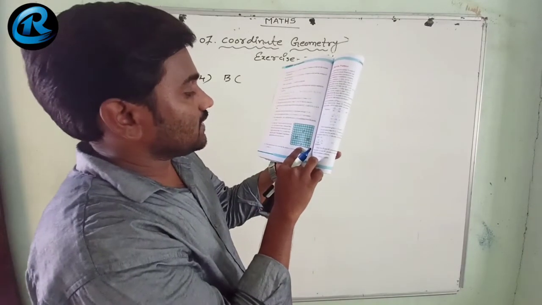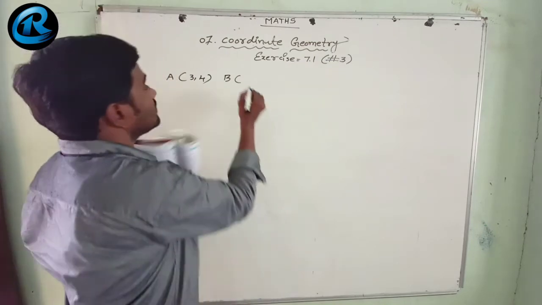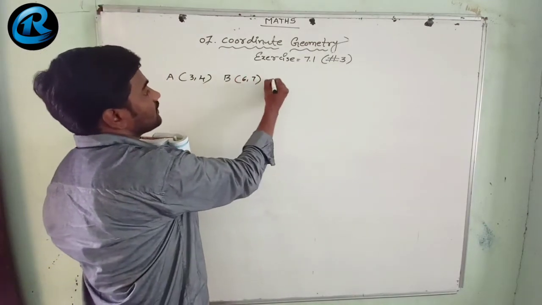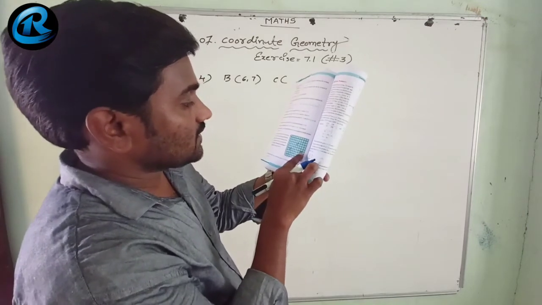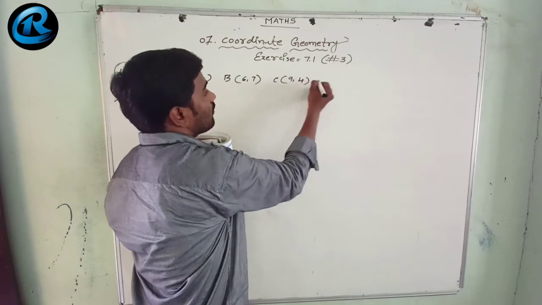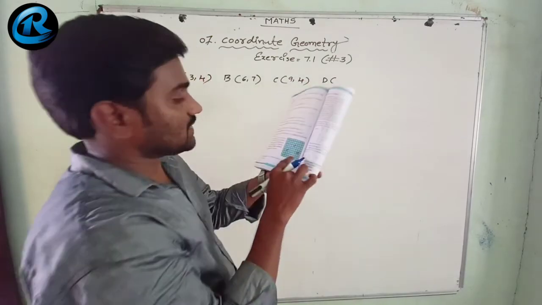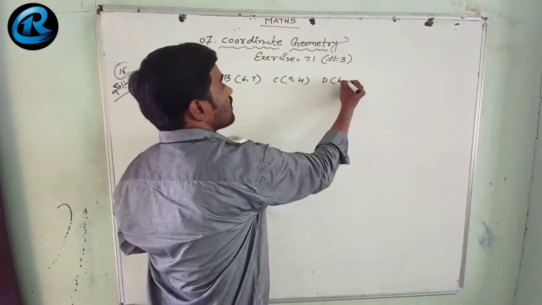What is the point B here? That is 6 comma 7. Point C is 9 comma 4, and point D at last is 6 comma 1.